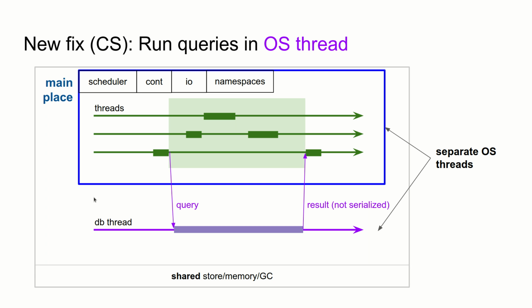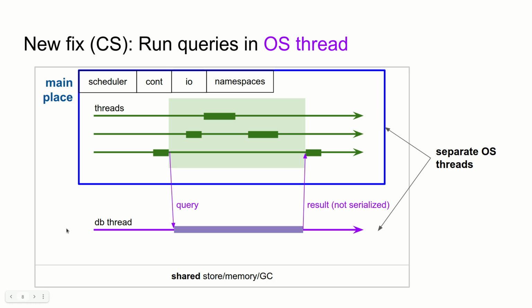We no longer have the overhead of an entire Racket virtual machine instance. We no longer have the serialization overhead because this new operating system thread is in the same shared memory space as the original place. And so we eliminate the serialization overhead.